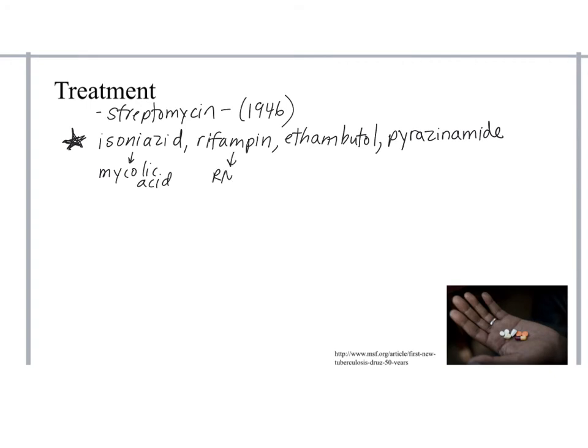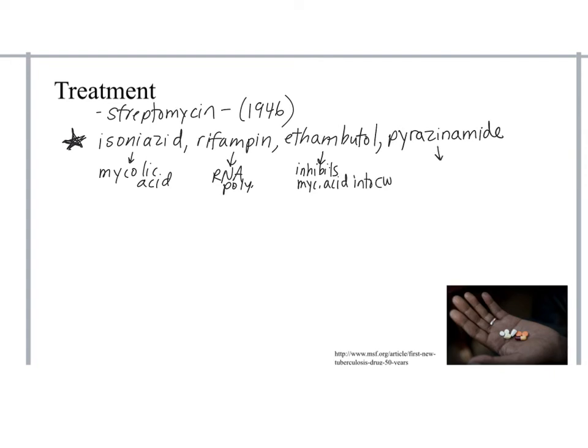Rifampin's mechanism is against RNA polymerase. Ethambutol actually inhibits the incorporation of mycolic acid into the cell wall. So we'll say inhibits mycolic acid into the cell wall.